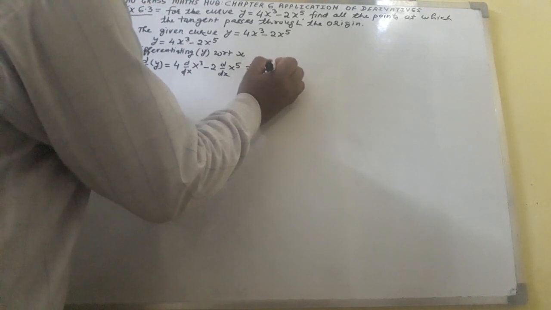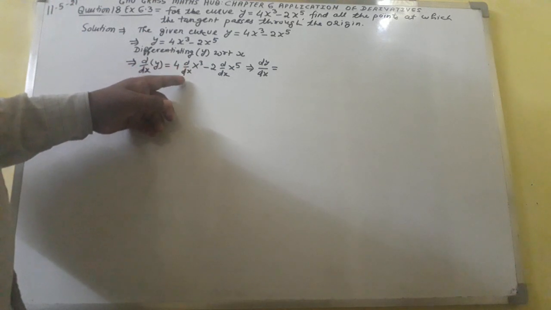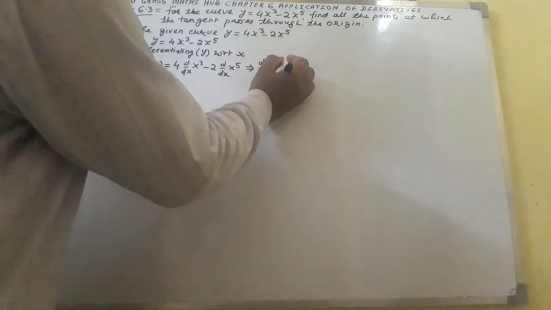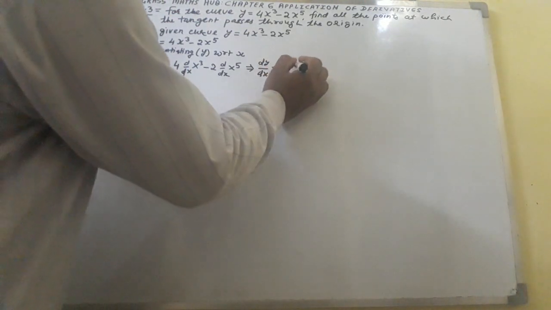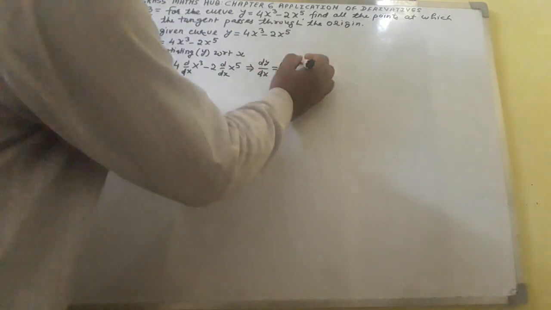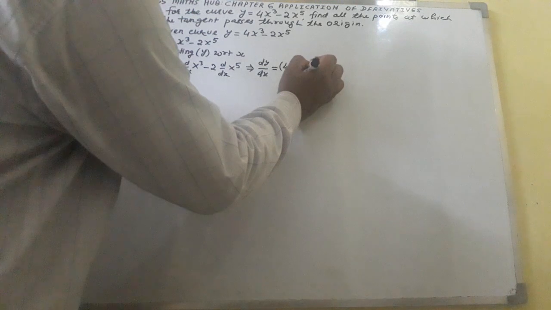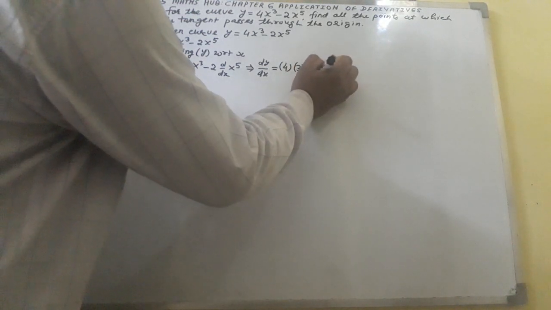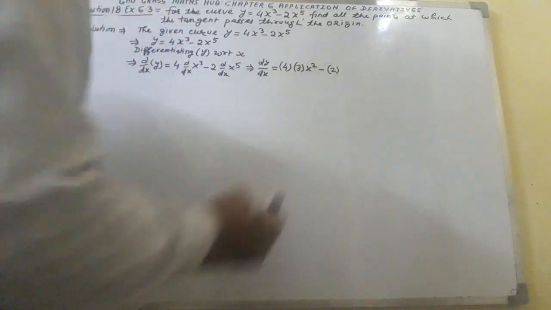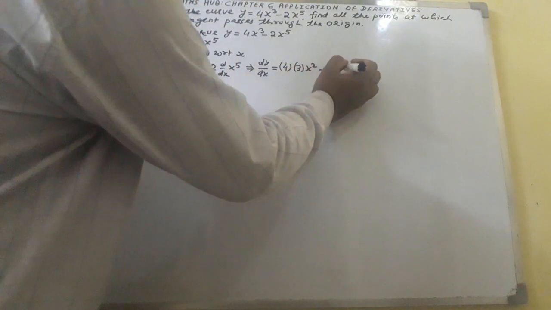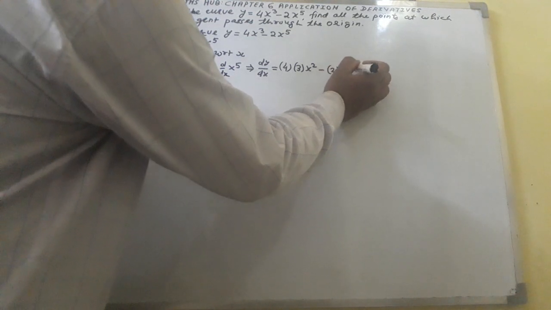dy over dx equal to 4 dot, d over dx of x cube comes out to be 3x square, minus 2 dot, d over dx of x raised to the power 5 comes out to be 5x raised to the power 4.